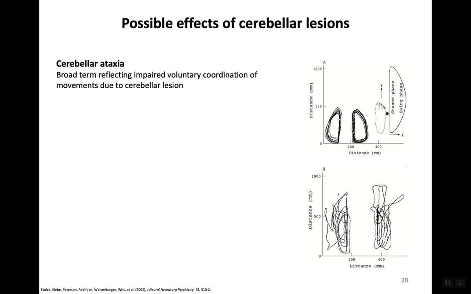So what happens in this case? There are different types of ataxia. For instance, dysmetria is a condition that involves poor or impaired judgment of distances. Whenever you're trying to reach for a specific object in space, you might have difficulty touching it or reaching it. You might end up undershooting or overshooting.